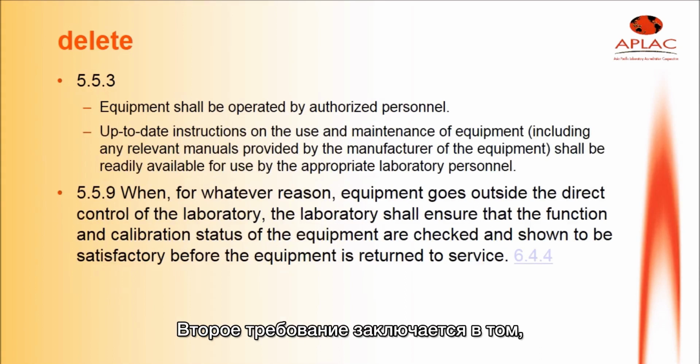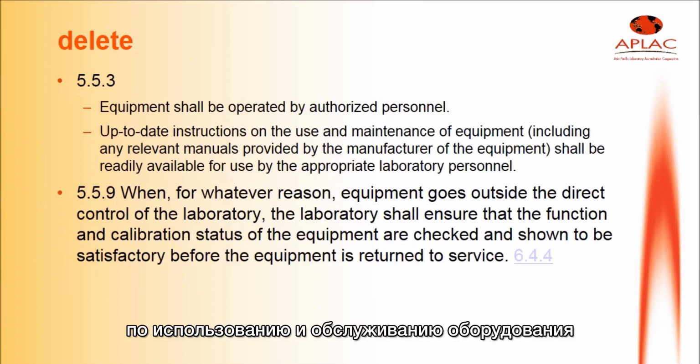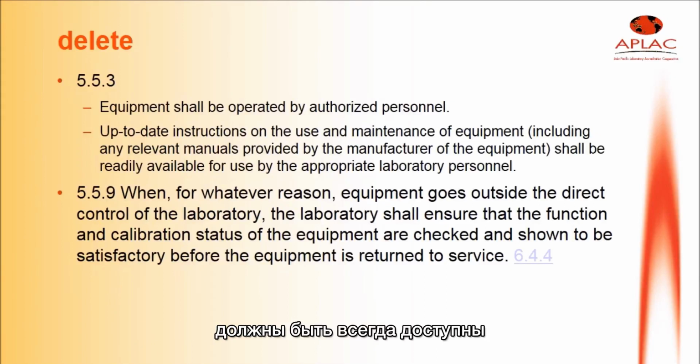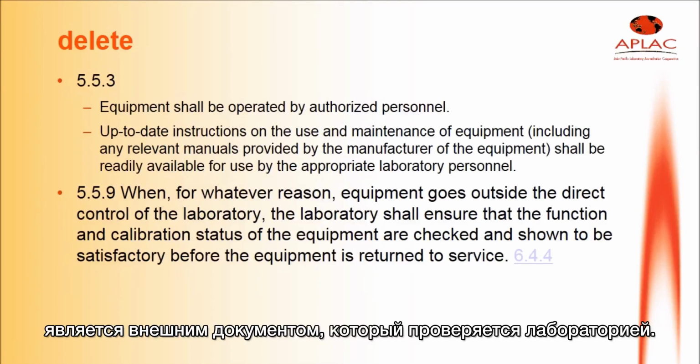The second requirement is that updated and up-to-date instructions on use and maintenance of the equipment should be readily available for use by the appropriate laboratory personnel. In nature, the instruction on the use and maintenance of equipment is an external document to be controlled by the laboratory.